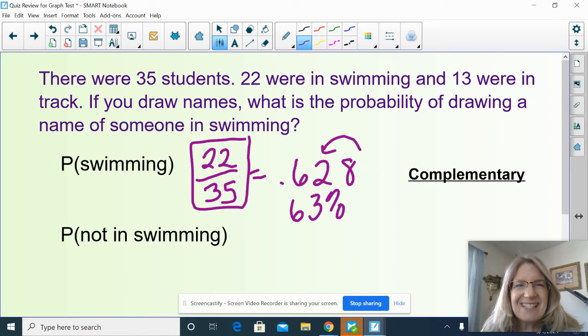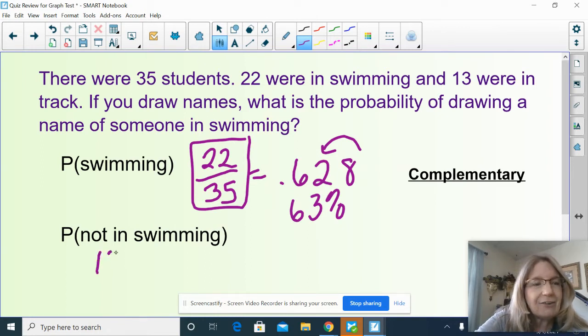Complementary, we've done this. Complementary is like opposite or out of 100%. So then you would say, how many are not in swimming? So the probability of somebody's name being drawn, here we only have 2 choices. So we would say the probability of them not being in swimming is 13 out of 35.